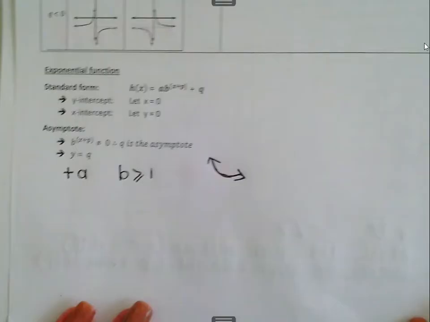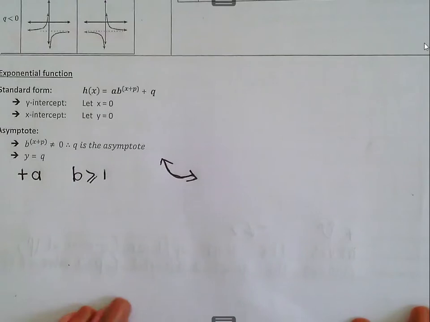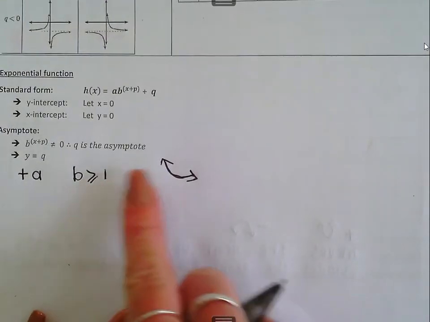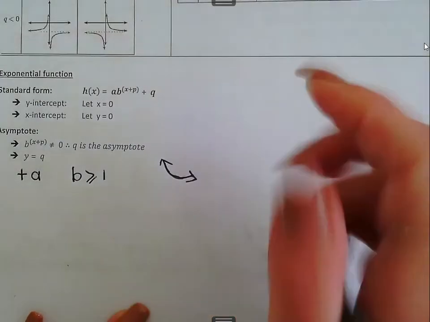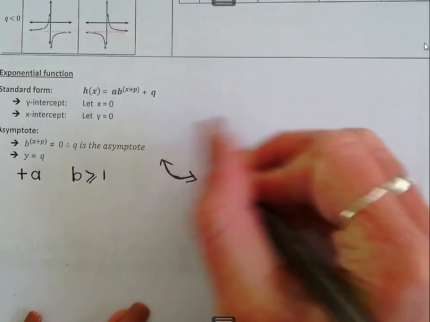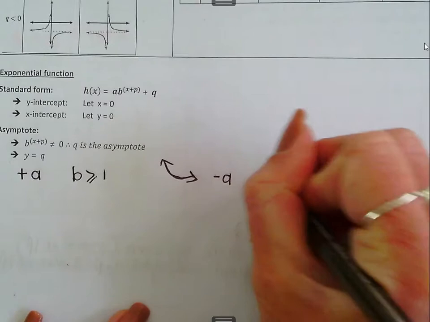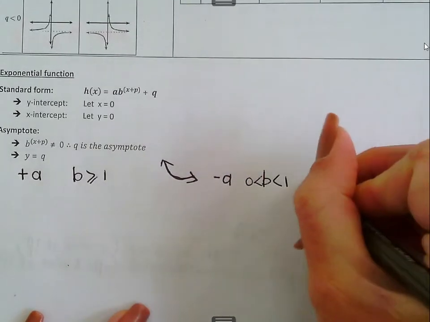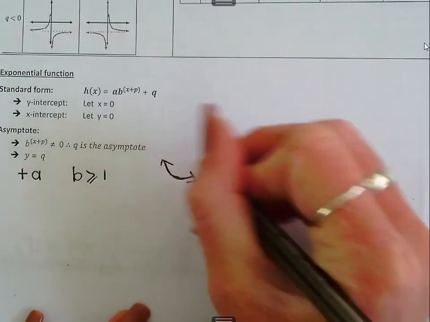Positive A and B greater than 1, this is what it's going to look like. If it's a positive A and B is greater than 0 but smaller than 1, the graph is going... Oh, what am I doing now?